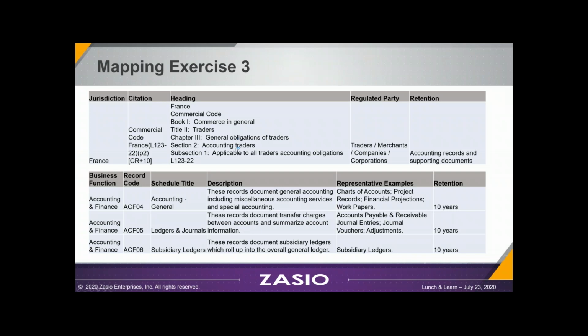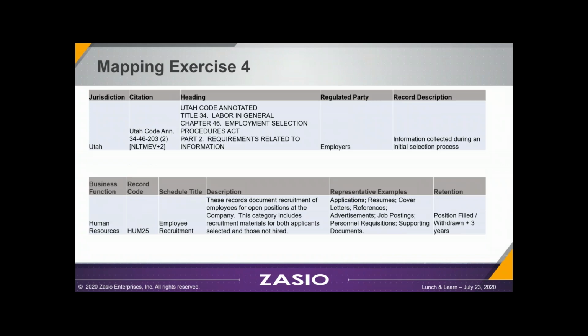Let's go to our next and final mapping exercise here. This is a great example of one of those compelled privacy requirements that Rick touched on. These are definitely becoming more and more common.